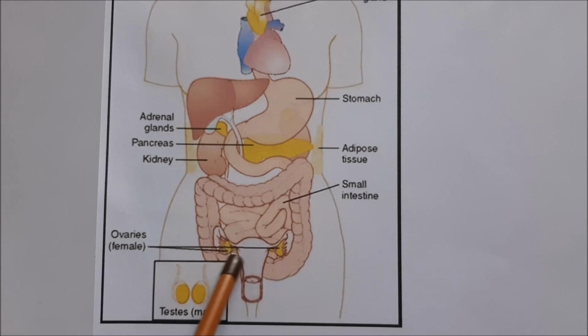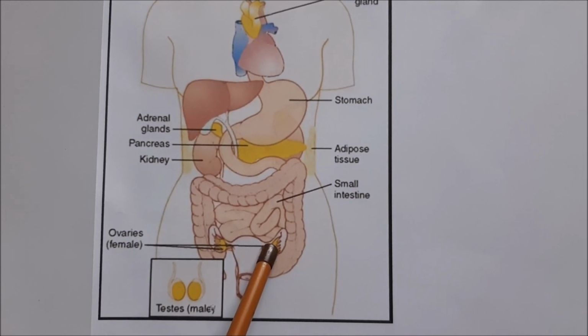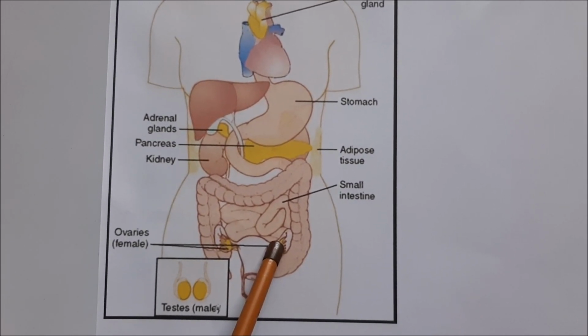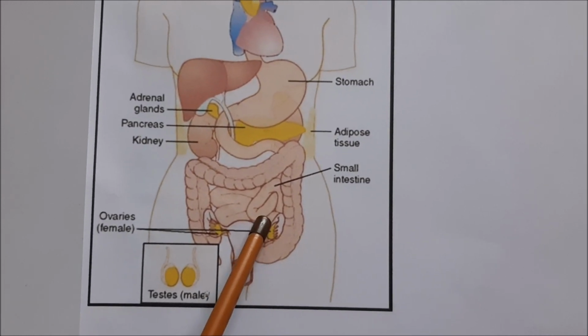Then come to the ovary. The ovarian hormones are estrogen and progesterone.